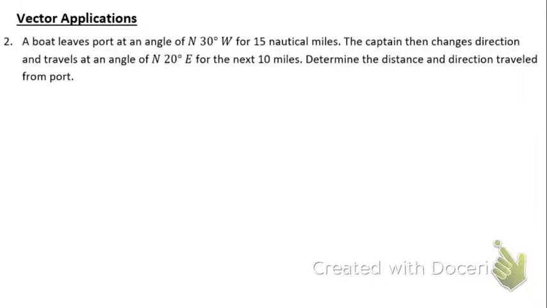But I don't need a picture if I'm using component form for my vectors. Let's see if we can practice it that way. A boat leaves port at an angle of north 30 degrees west for 15 nautical miles. Am I given a direction and magnitude there? What is my magnitude? 15. So here's my magnitude.